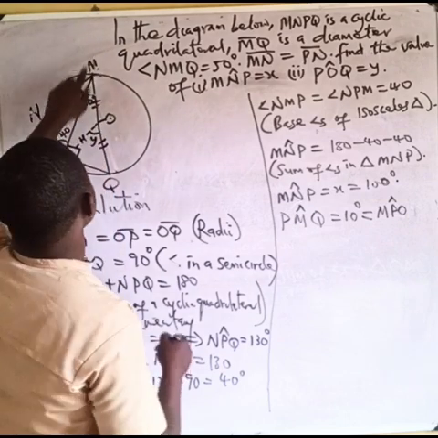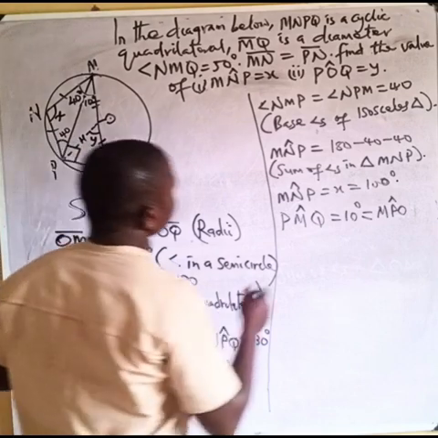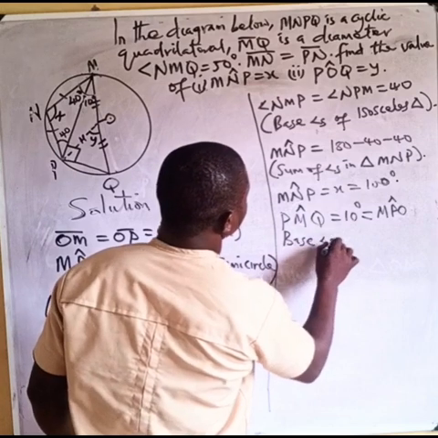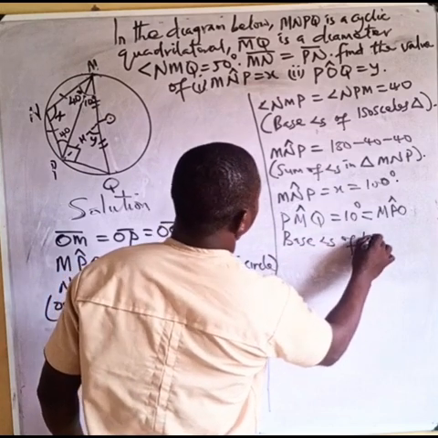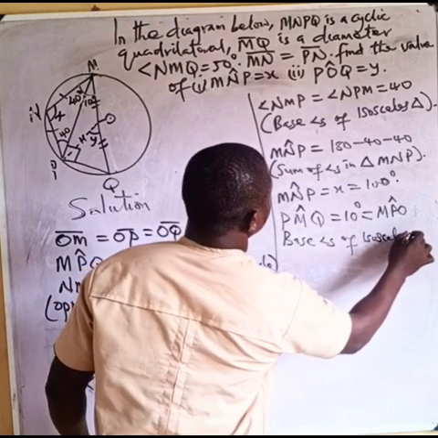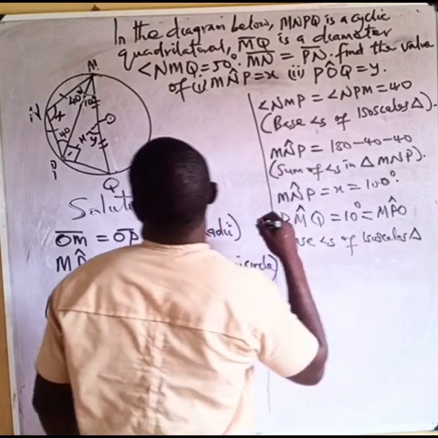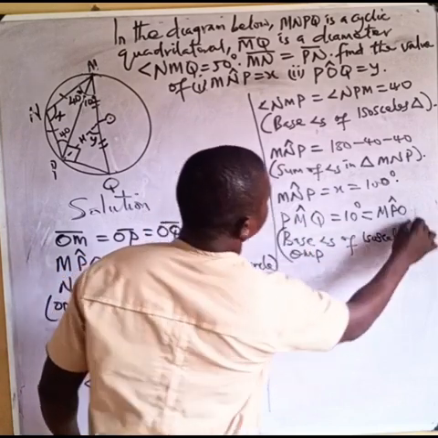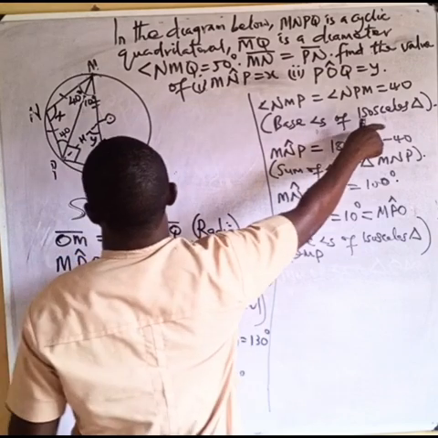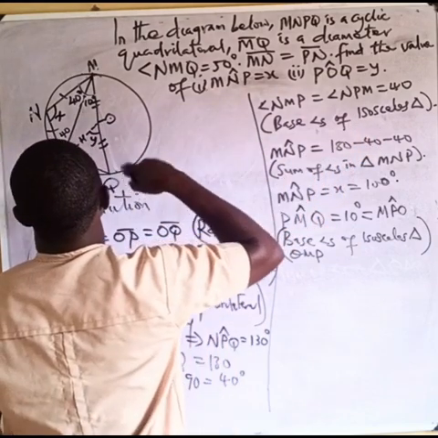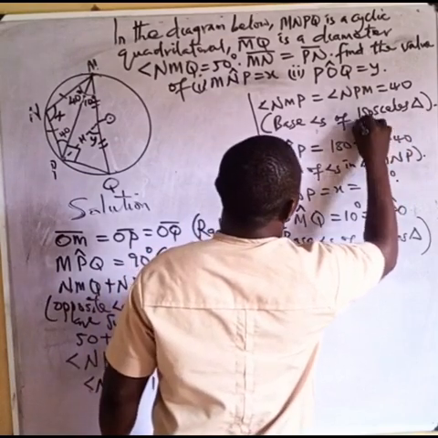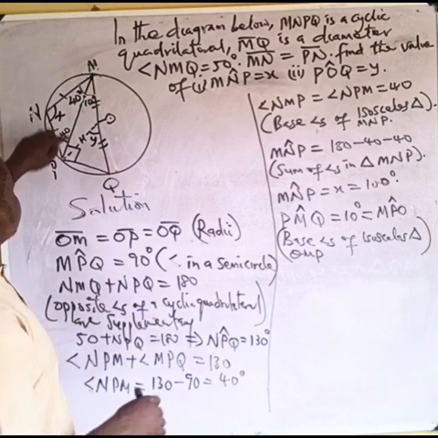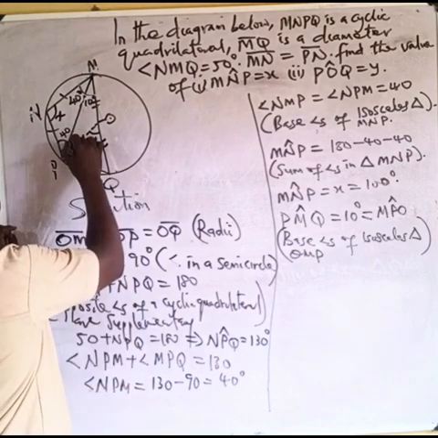Therefore, triangle OMP is an isosceles triangle. They are equal because they are base angles of an isosceles triangle. Okay, good. Then if here is 10, that means this angle is 10.